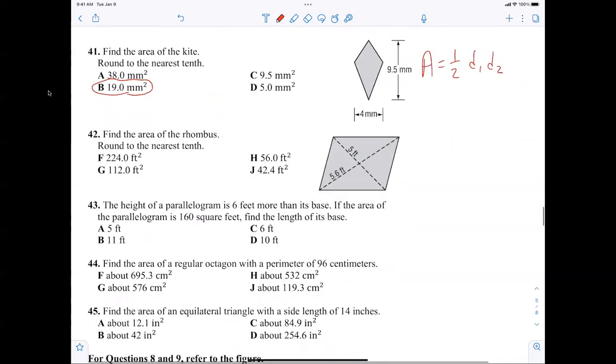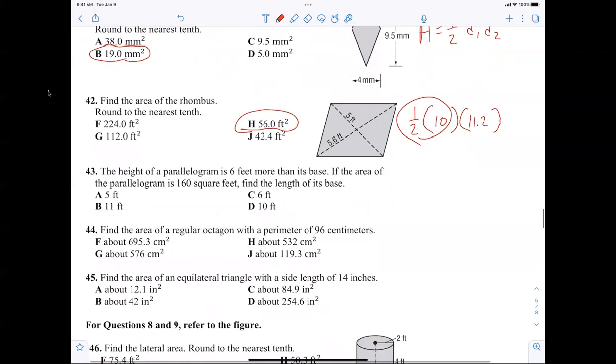No. So half the product of the diagonals. So it's really going to be half of what? 10 times 11.2. Agreed? But half of 10 is 5. So it's just 5 times 11.2, which is 56. Everybody okay with that?